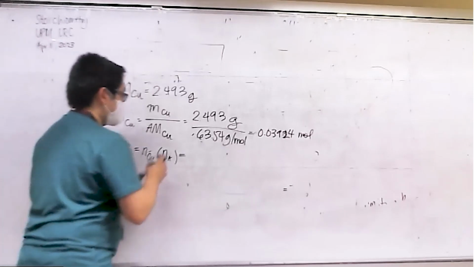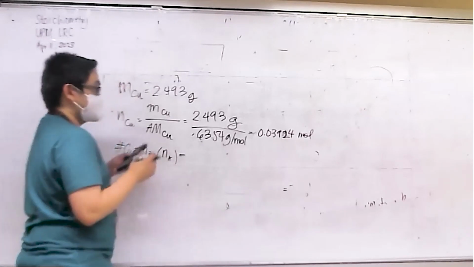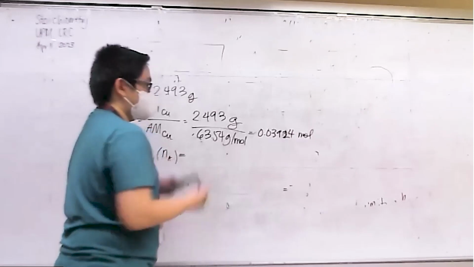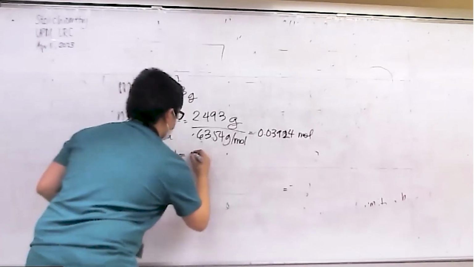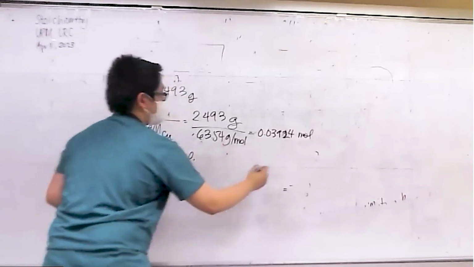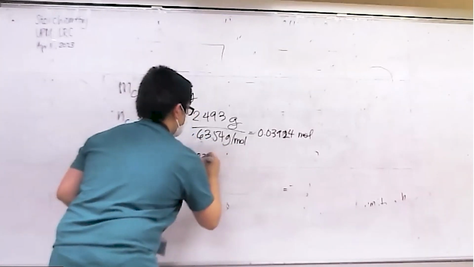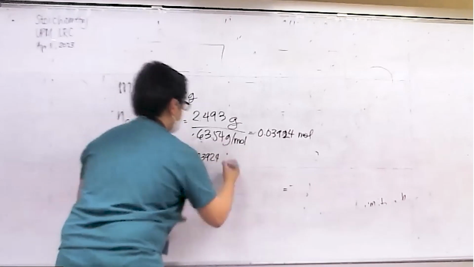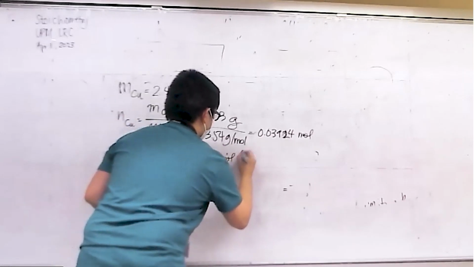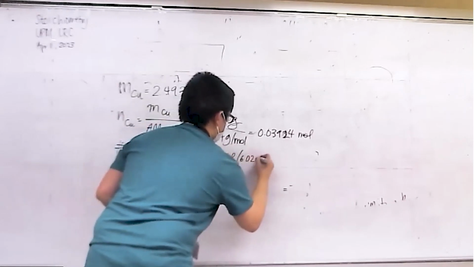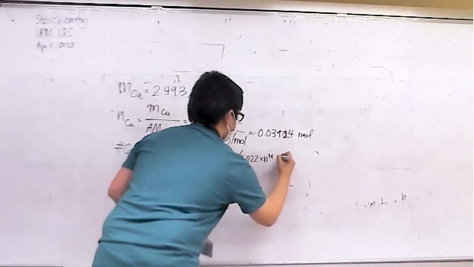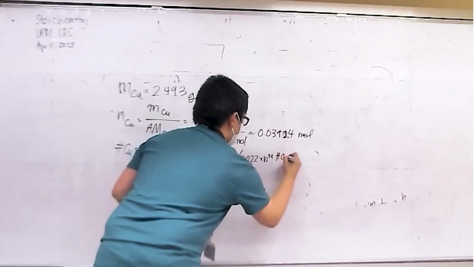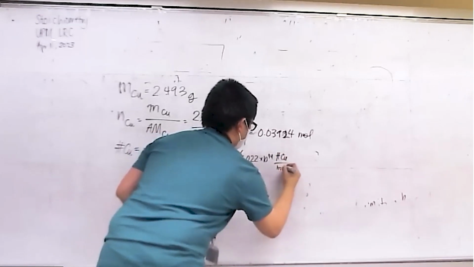So the constant, Avogadro's number, is 6.022 times 10 raised to 34. So we multiply, I'll just put the whole value here. But like I said, don't round off. So moles times 6.022 times 10 raised to 34 copper atoms per 1 mole.